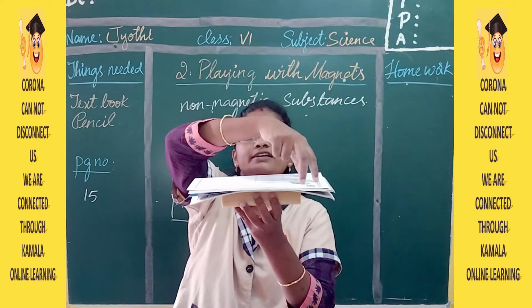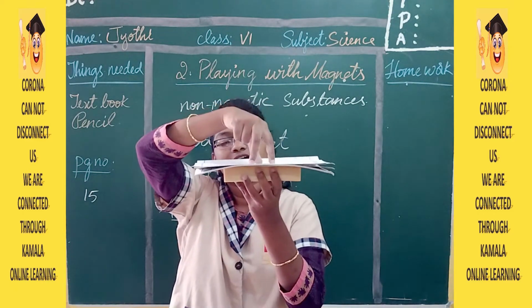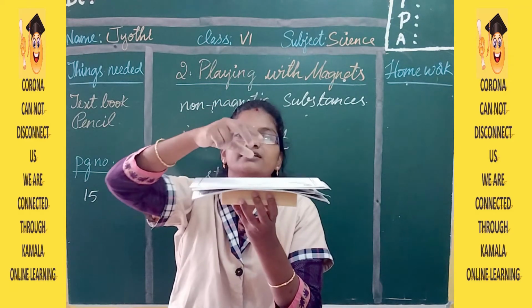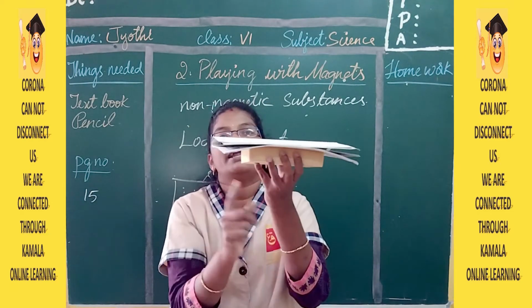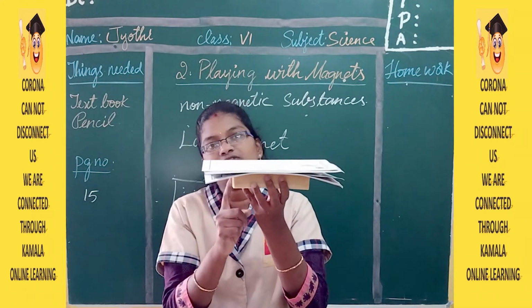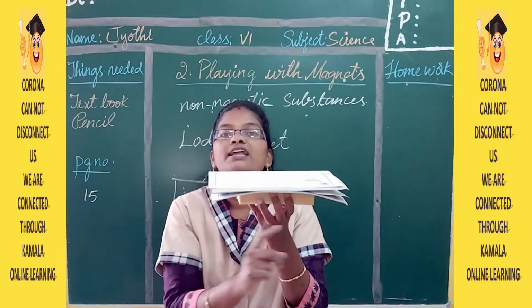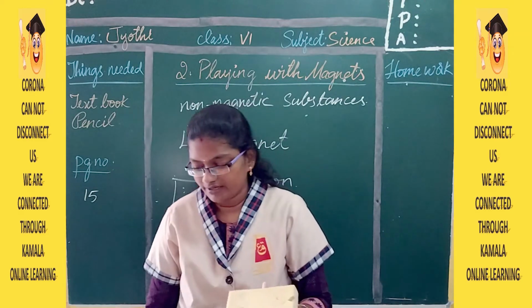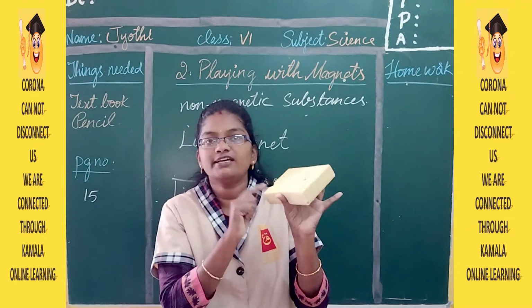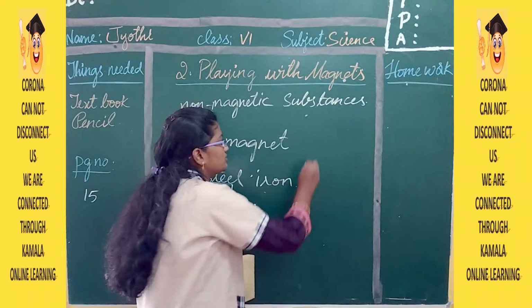Here and here, and a few in the middle are scattered. So these sides are attracting more iron filings. These sides we call the poles of the magnet. So what do we call these sides? We call them poles.